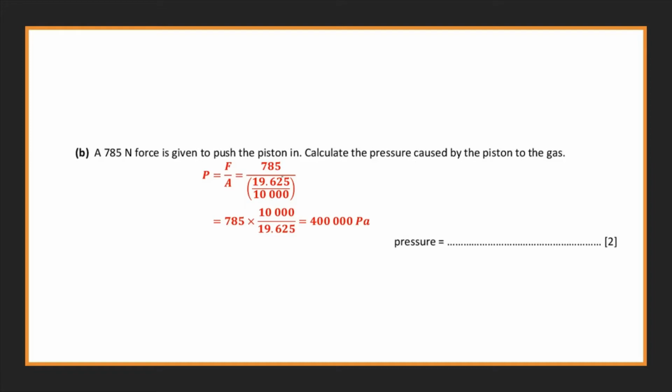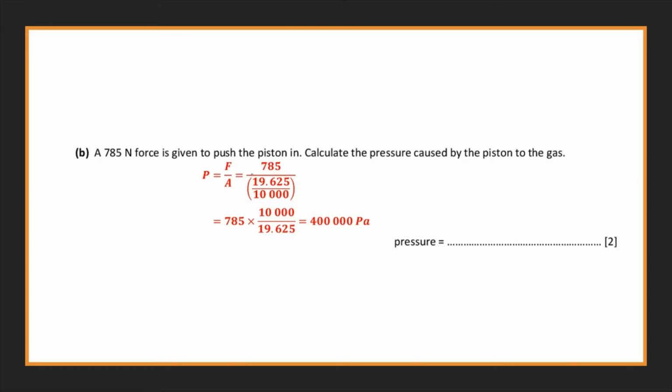You have to remember this part. Please memorize this. To calculate pressure, you have to make the area into meter squared. Okay? Once again, to calculate pressure, the area must be in meter squared. So if you have any other unit than meter squared, you have to change the unit first into meter squared.